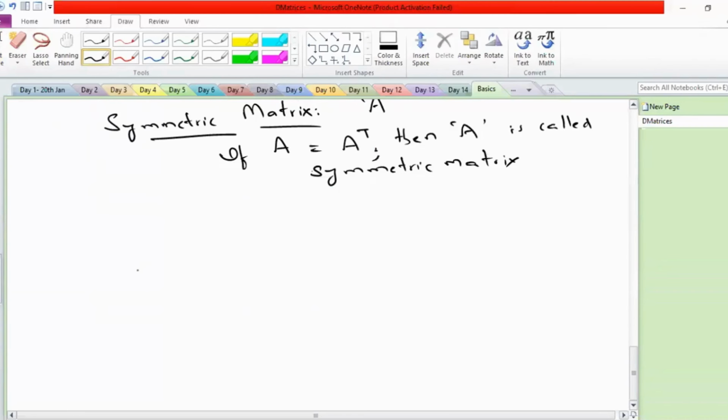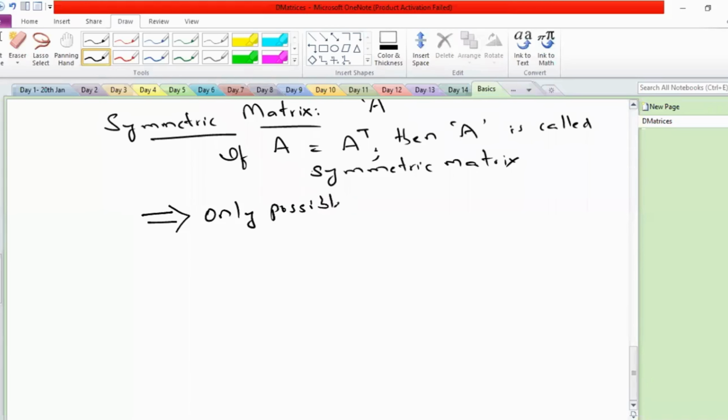Okay. If A equals A transpose, then A is called a symmetric matrix. That means, in other words, it is putting a constraint on the matrix A. This is only possible if A is a square matrix.